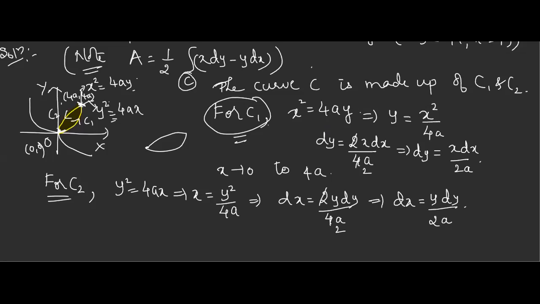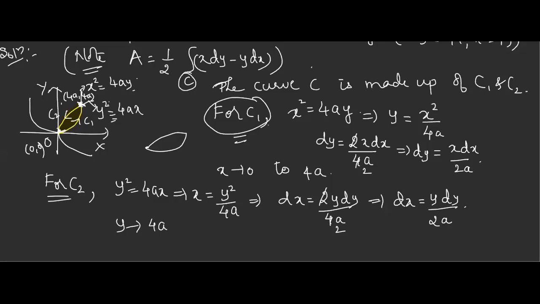So tell me what is the value of y? C2 is from this point till origin. What is the value of y at this point of intersection? I asked about this point of intersection.